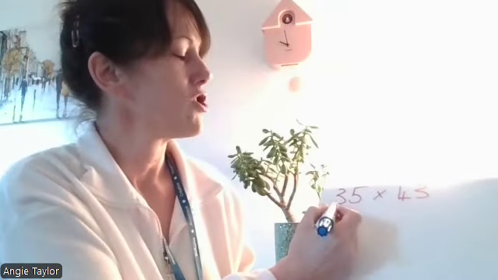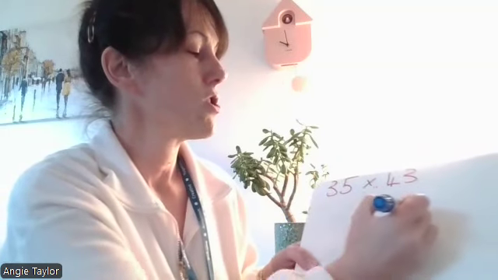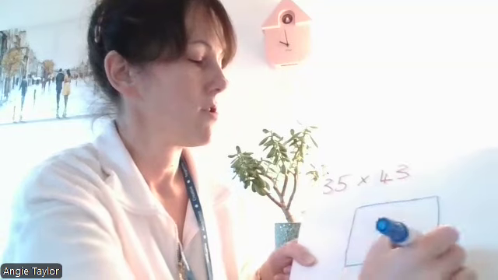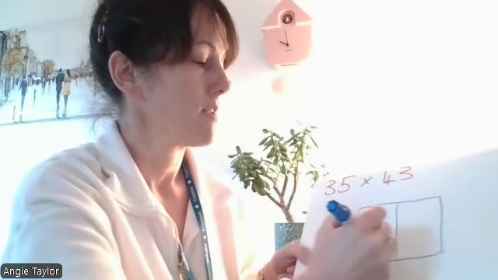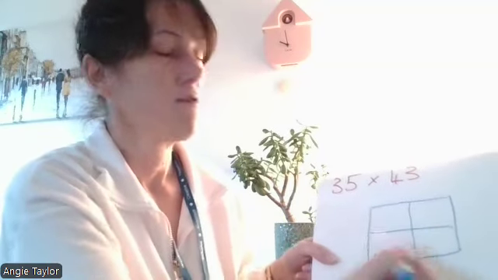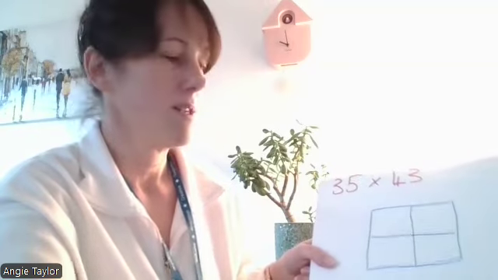And because it's 2 digits times 2 digits, we want 2 columns across and 2 rows down. Okay, 1, 2, 3, 4 boxes there, 1, 2, 3, 4 digits in our sum.